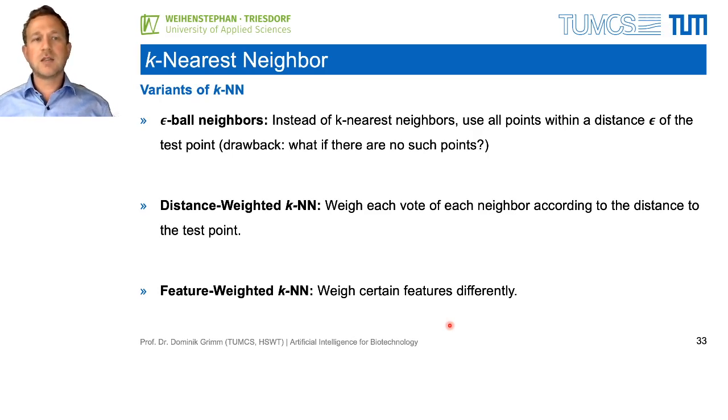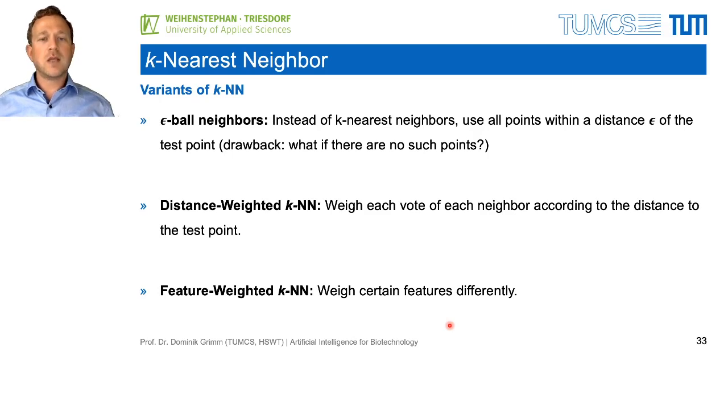There is also another variant of k-nearest neighbor that's called distance-weighted k-nearest neighbor. There we weigh the vote of each neighbor according to the distance to the test point. So if we look at the 5 closest neighbors, maybe they have different distances to my test point.